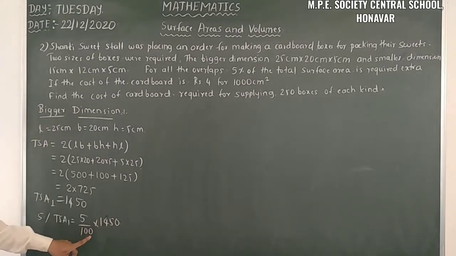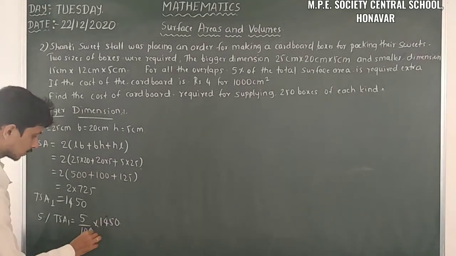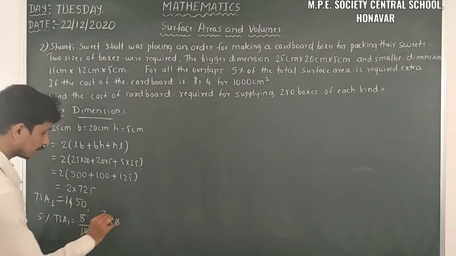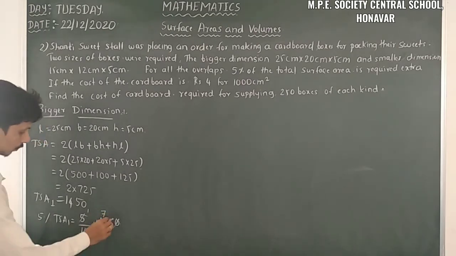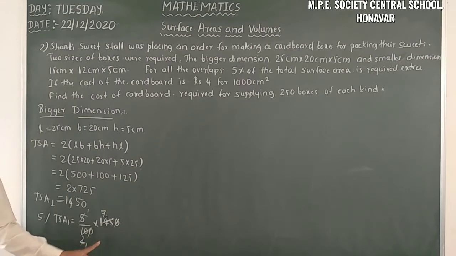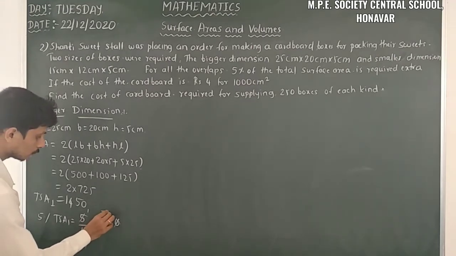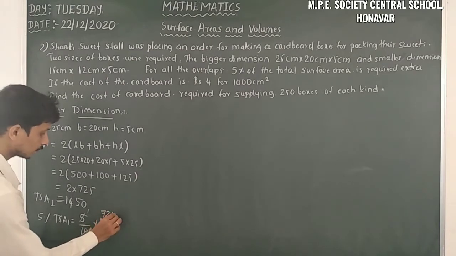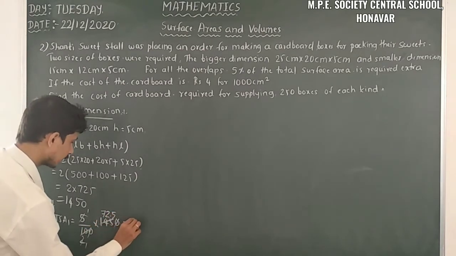We can cancel the 0 and 5 into 2, then 2 into 1, and 2 into 7, and we take the decimal point. So 2 into 2 is 4, and after that we take 5, that is 72.5.